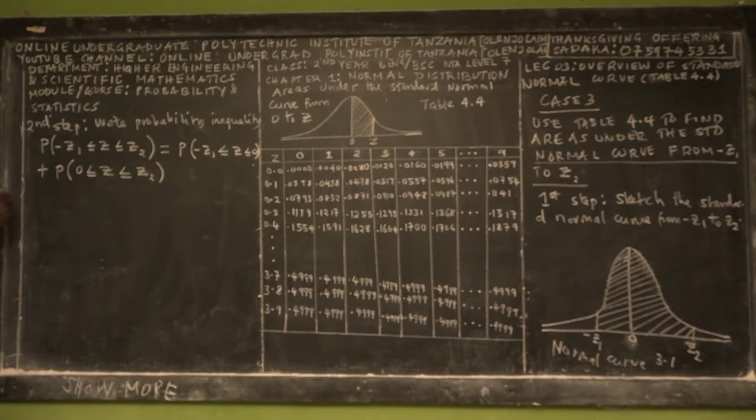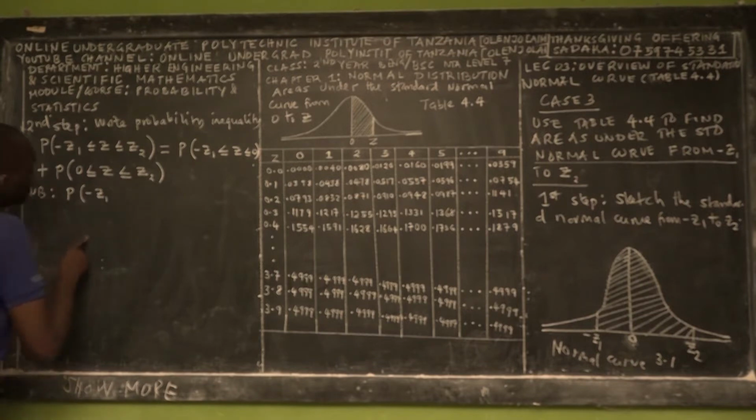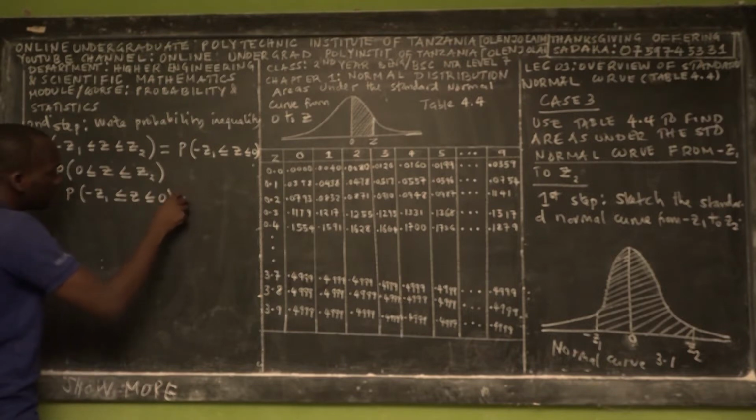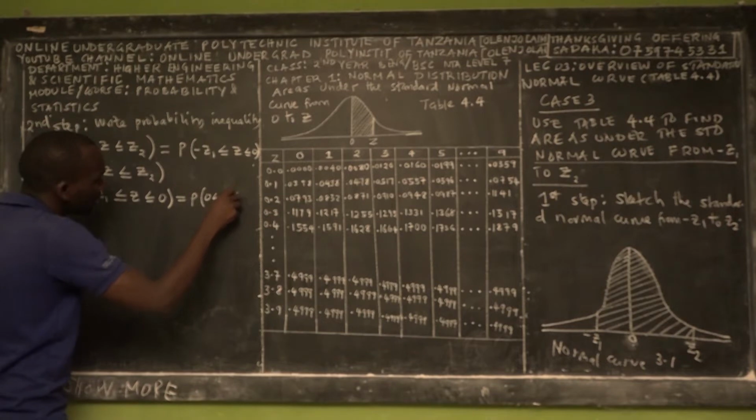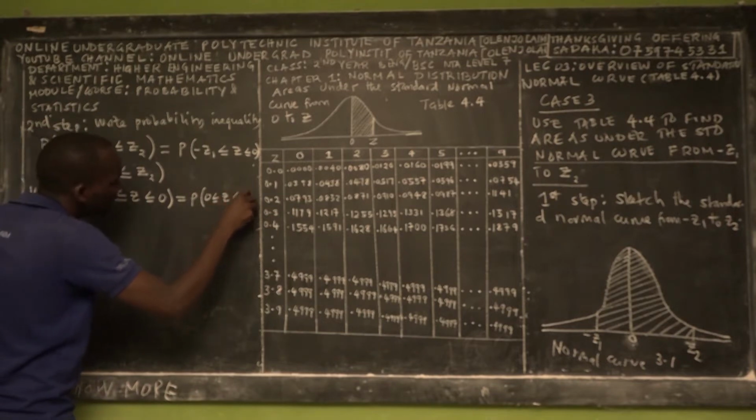So remember that before I taught you, by using the characteristics of the normal curve, that the normal curve is symmetrical about the mean. So it means probability from negative Z1 less than or equal to Z less than or equal to 0 is equal to probability of 0 less than or equal to Z less than or equal to Z1, but positive.